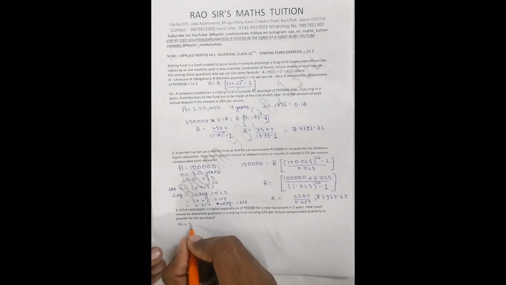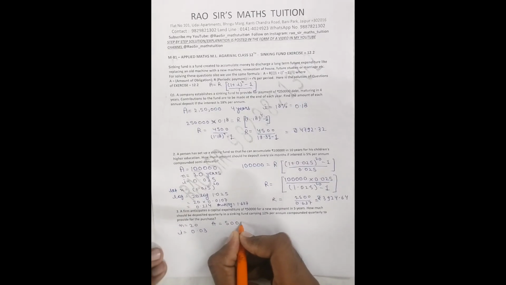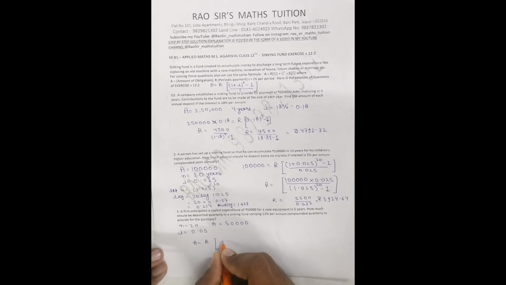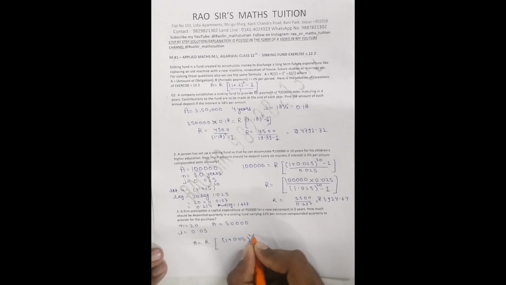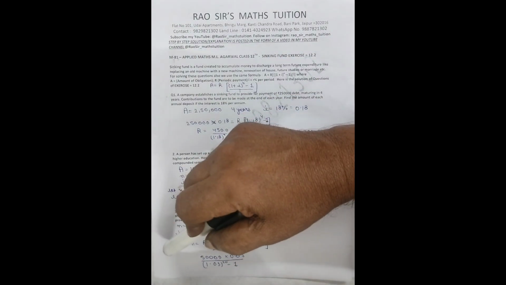Here the number of years is 5. Here A is equal to 50,000, and then we have to find R. According to the formula, here you can show it like this: A, you can put the 50,000 here.